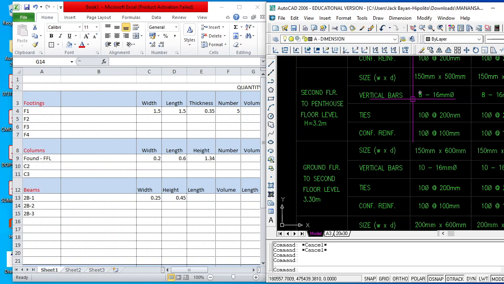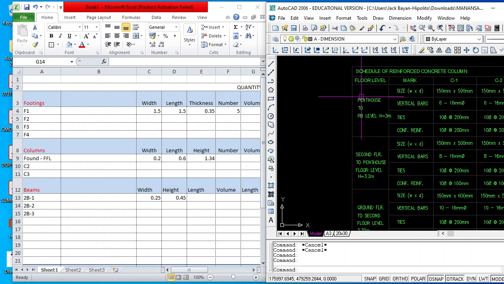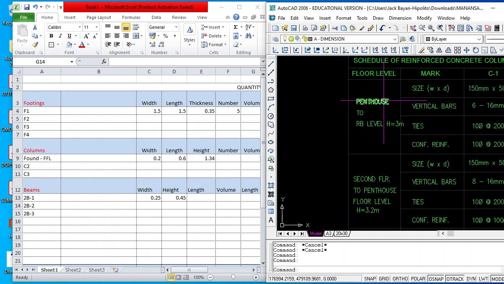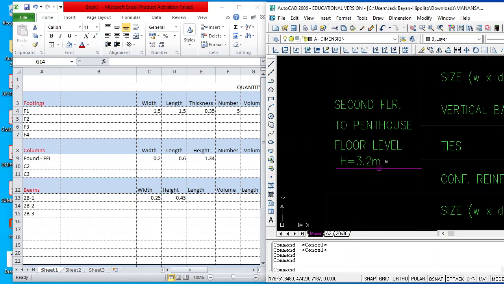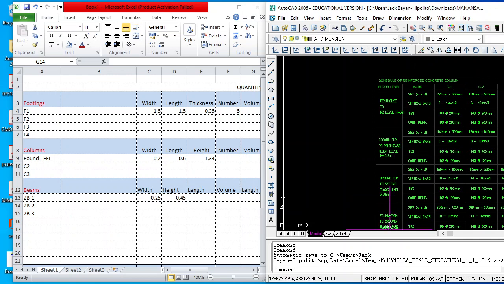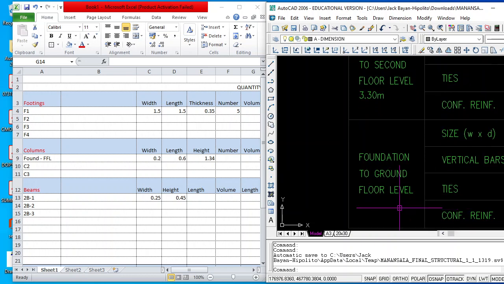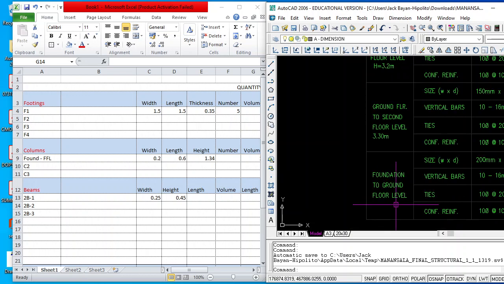So, meaning, for every level, for example, this penthouse to roof beam level will be 3 meters. Second floor to penthouse level will be 3.2 meters. And then ground floor to second floor level will be 3.3 meters. Then you are also given that from the foundation to ground floor, you will have these details.